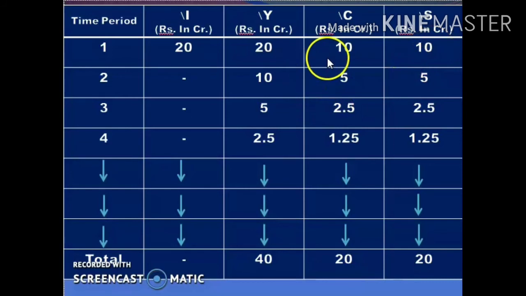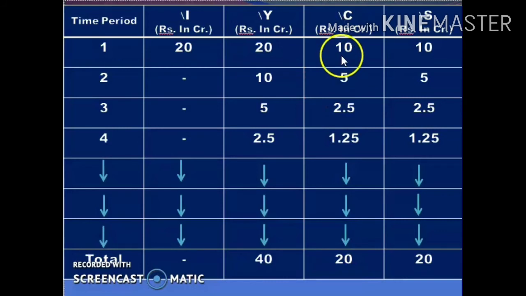Hope you understood. Now you can see the next one. As you had studied the law, the increment in consumption results in national income. So how much is the increment, that is delta Y? It is as a result of delta C, that is consumption.